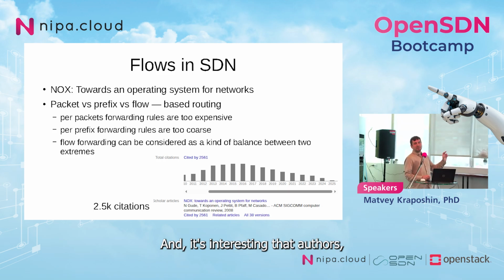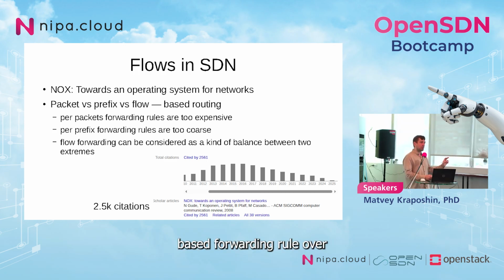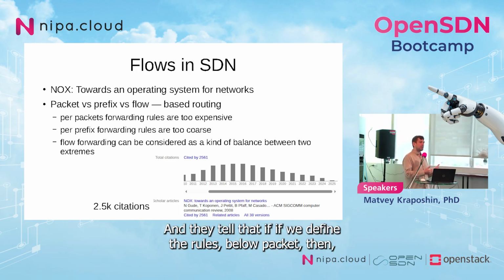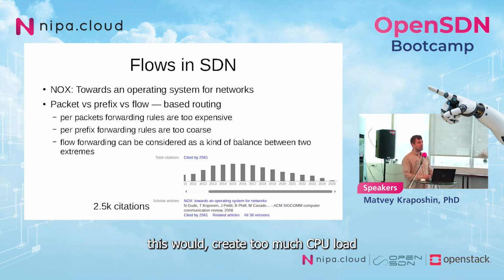And it's interesting that the authors justify why they selected flow-based forwarding rules over packet-based or prefix-based ones. They say that if we define rules per packet, with granularity per packet, this would create too much CPU load. If we have forwarding rules per prefix, so if we define rules for forwarding using only source and destination IP, then this would be too coarse.